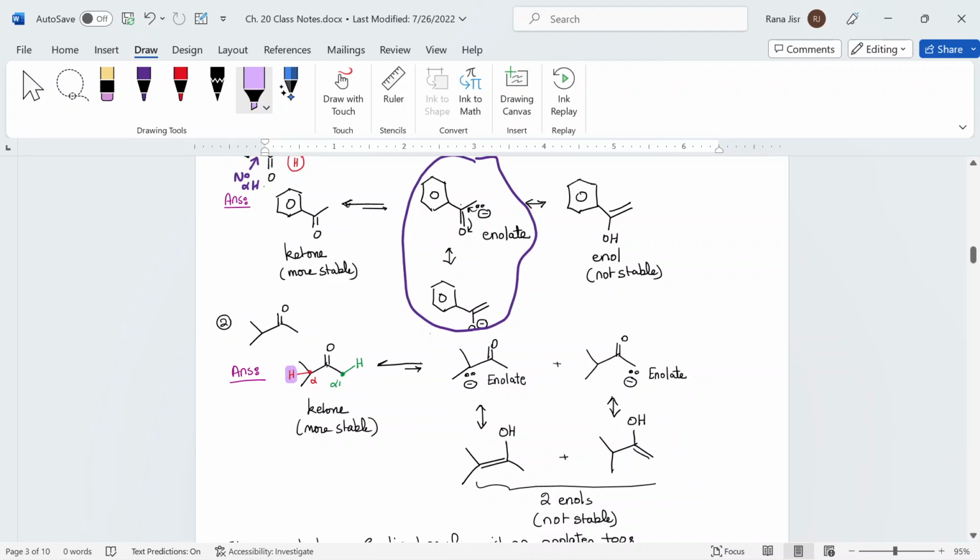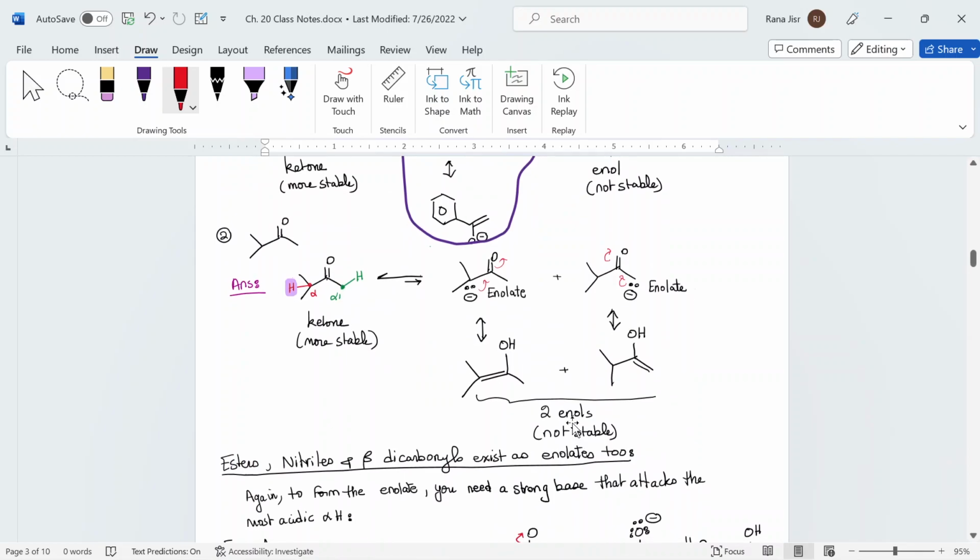Once you make your enolate, go ahead and do resonance in there, form a negative charge on the oxygen, and then add a hydrogen to the oxygen. This is how you get your enol for this ketone. So here I do have two enol forms for this ketone. The more alpha hydrogens around the carbonyl, the more enols you are going to get. And again, in this example, the enols are not stable compared to the ketone.